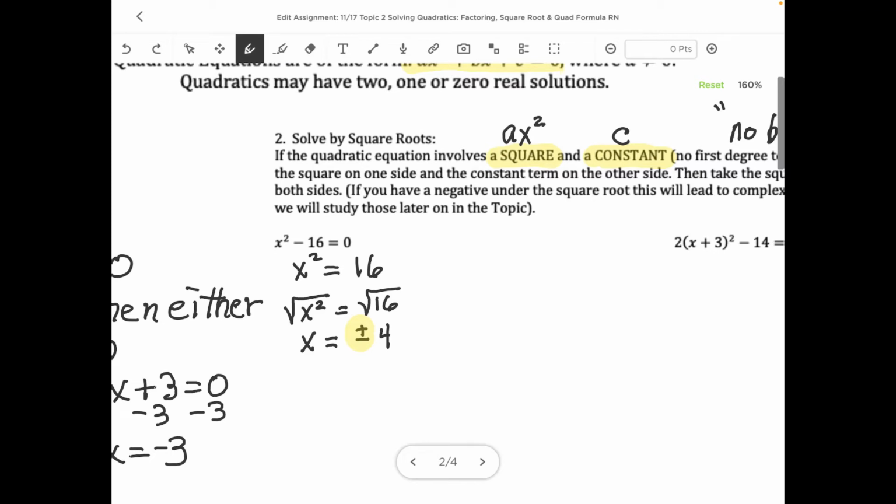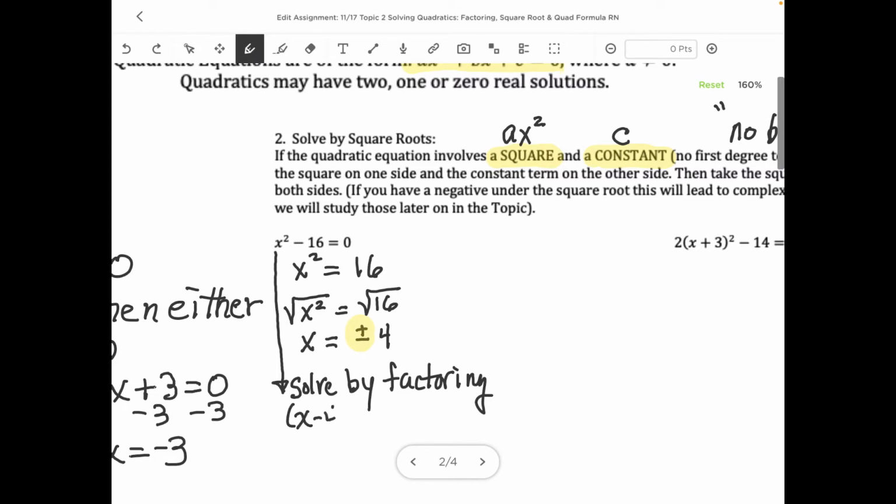Here is a way to know for sure that both solutions are plus or minus. I could also solve that quadratic by factoring. So I could take that quadratic and solve it by factoring, right? It is the pattern difference of squares.